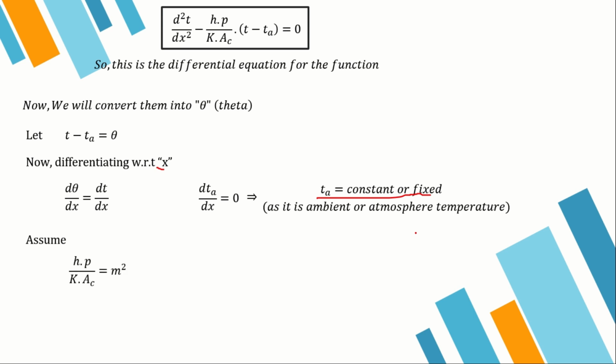So now we will assume that h into p divided by k into Ac is equal to m square, as we know that h here is the convective coefficient, p is the perimeter, k is the conductivity, and Ac is the cross sectional area.